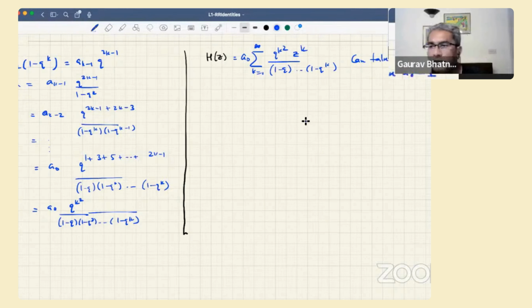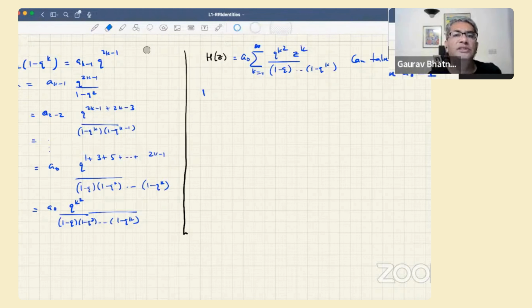I mean, looking at the original, the first continued fraction, but this anyway will cancel. But what we were really interested in was h of z over h of zq. So what was our c(z)?